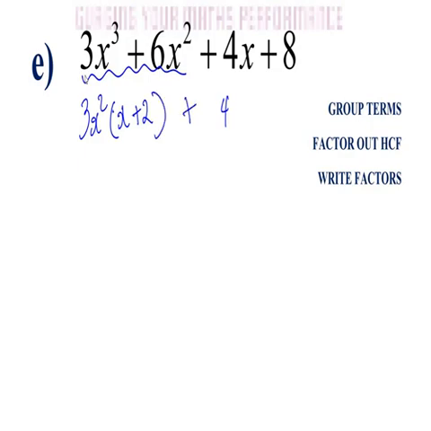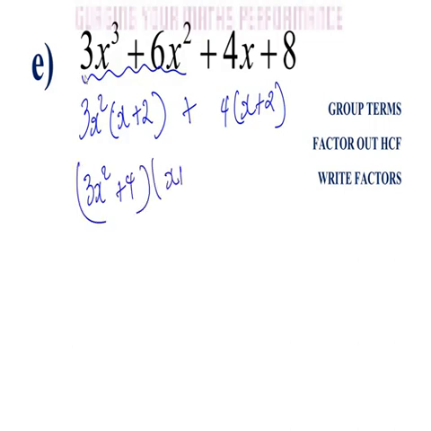Plus 4 into 4x gives us x, and 4 into 8 goes 2 times. Hence, our factors are 3x squared plus 4 and x plus 2. And if I wrote it x plus 2 and 3x squared plus 4, they're still the same thing. So a quick recap of our steps.